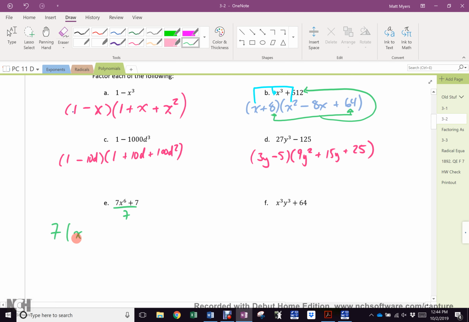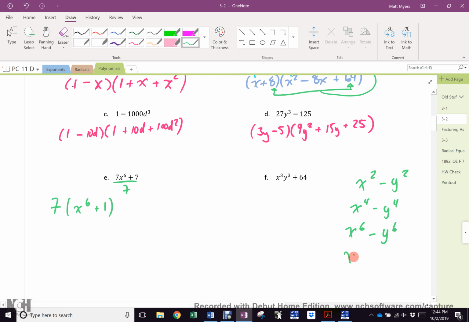But now I have x to the 6th plus 1. Now, just like x squared minus y squared works if it's x to the 4th minus y to the 4th, or x to the 6th minus y to the 6th, or x to the any even number and any even number, what is going to happen here?